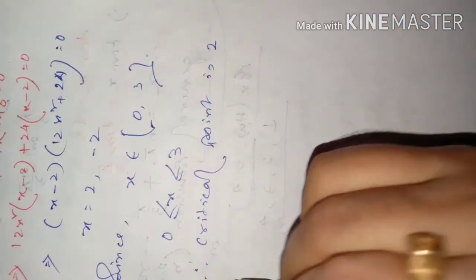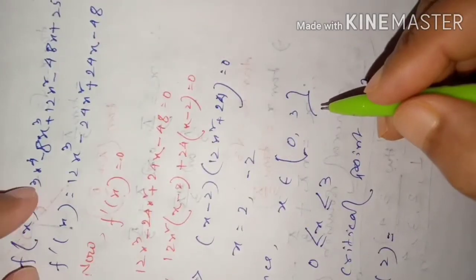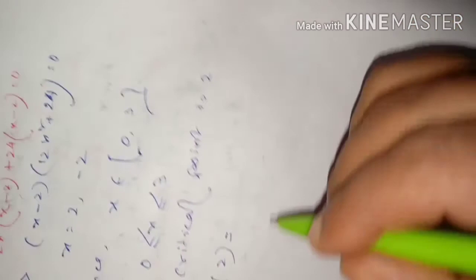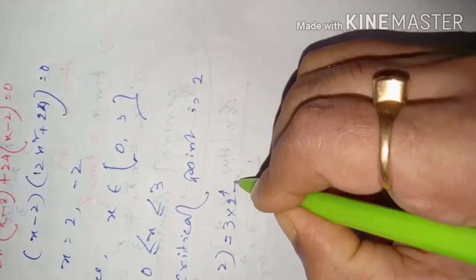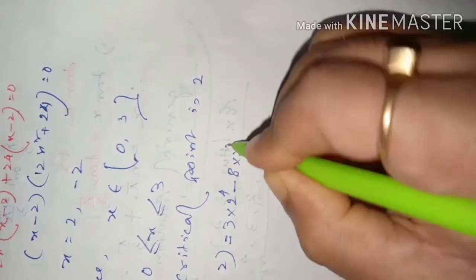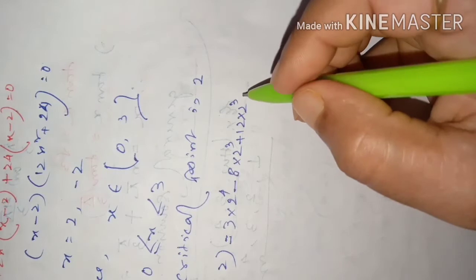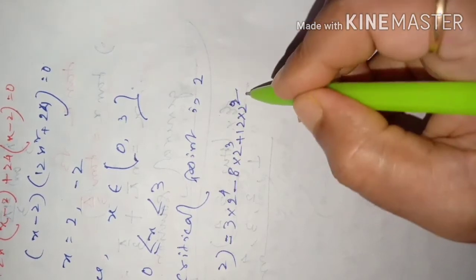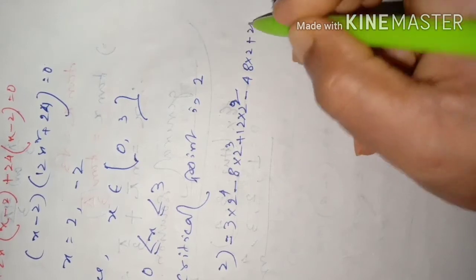So f(2) we find out. f(2) is equal to, as you know, 3x^4 with 2 put in: 3 into 2^4 minus 8 into 2^3 plus 12 into 2^2 minus 48 into 2 plus 25.